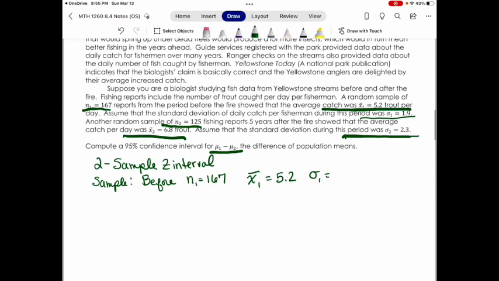And then it goes on to give us the population standard deviation for that, and that was 1.9.